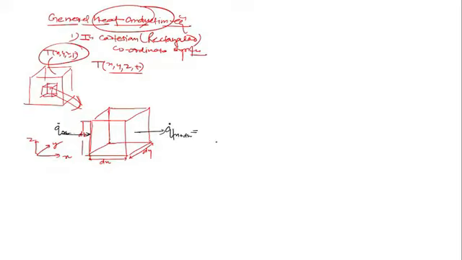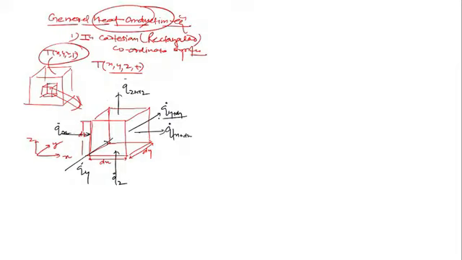Also here heat enters as q dot z and heat getting out is q dot z plus dz. It's a flux. Same thing in the y direction: q dot y, and out should be q dot y plus dy. Okay?